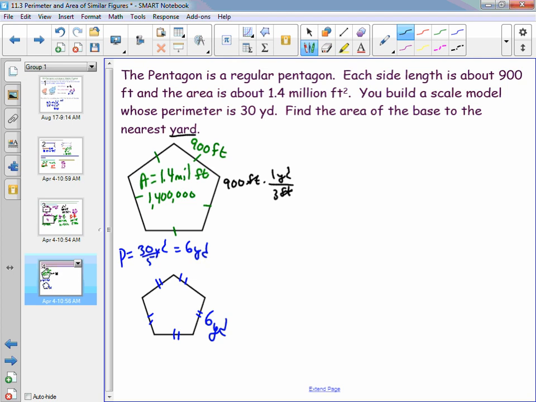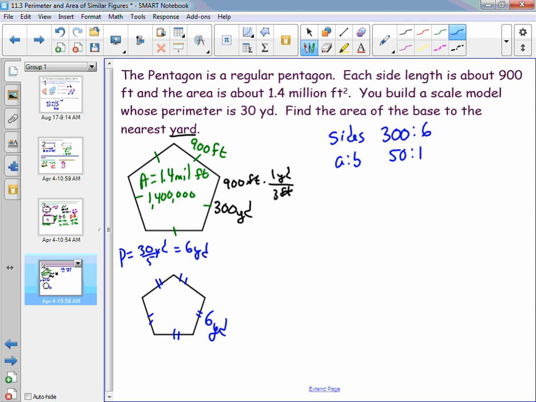Cross it out, we get 900 times 1 is 900 divided by 3. We get 300 yards. So, just like before, we're going to go ratio of sides. 300 to 6, which reduces to be A to B is 50 to 1.